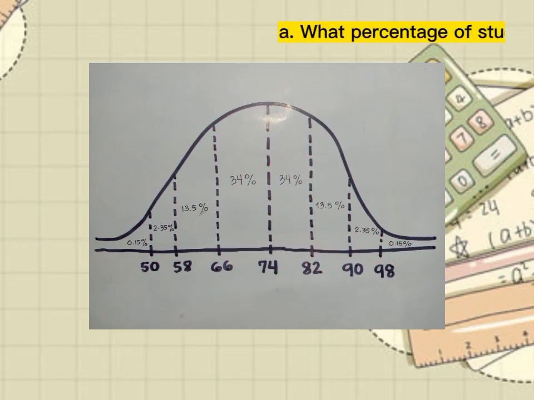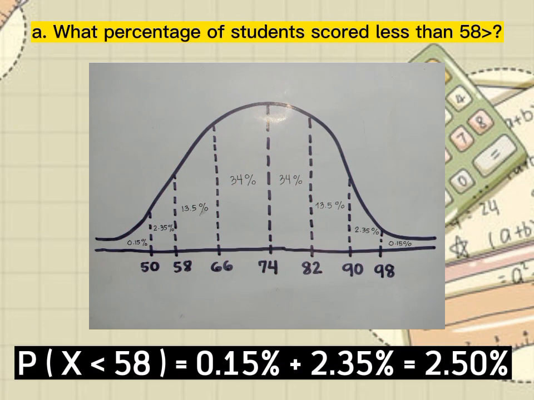So now that we have those, we can answer question A. The probability of selecting a student who scored less than 58 is the sum of 0.15% and 2.35%. So we add 0.15% plus 2.35% equals 2.5%. So 2.5% of the students scored less than 58.